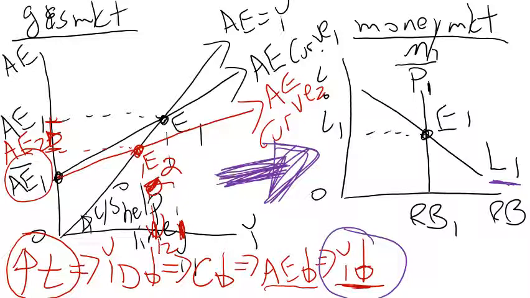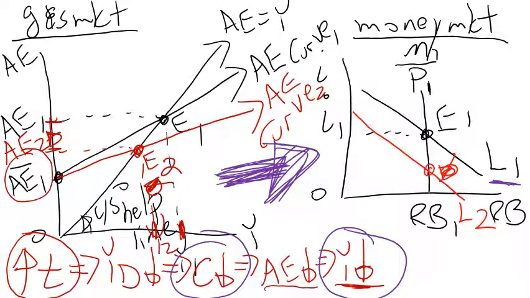And it stands to reason, right? I mean, if consumption goes down because of a higher personal income tax rate, then it stands to reason that consumers will not need as much money to run their consumption transactions with. So money demand will go down. So all of that said, let me switch to red. All of that said, money demand will fall. It's a leftward shift of the money demand curve from L1 to L2.